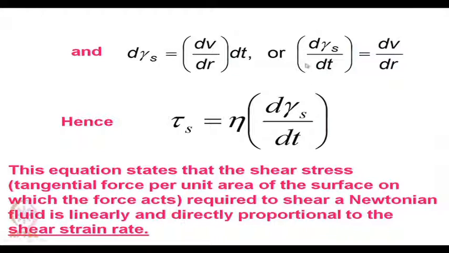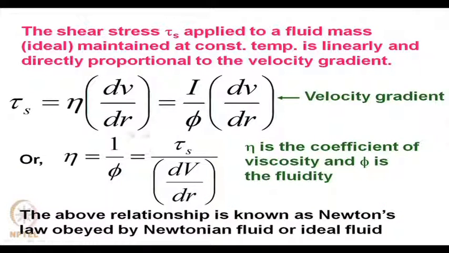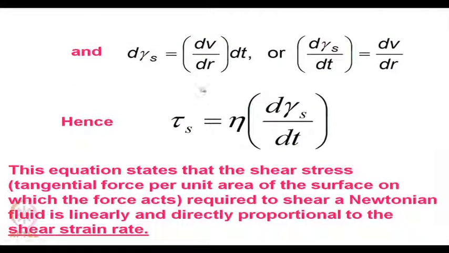So, we can replace this velocity gradient dV dr with the shear strain rate d gamma s dt, and the equation becomes tau s equal to eta into d gamma s dt.